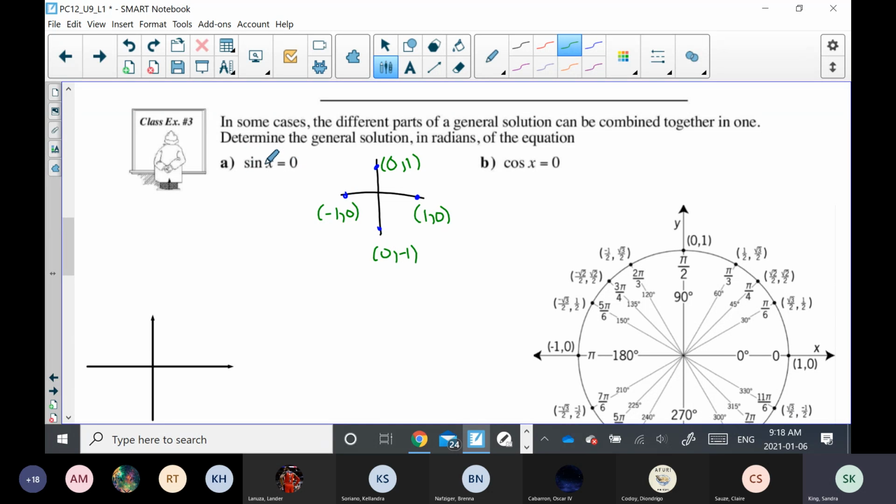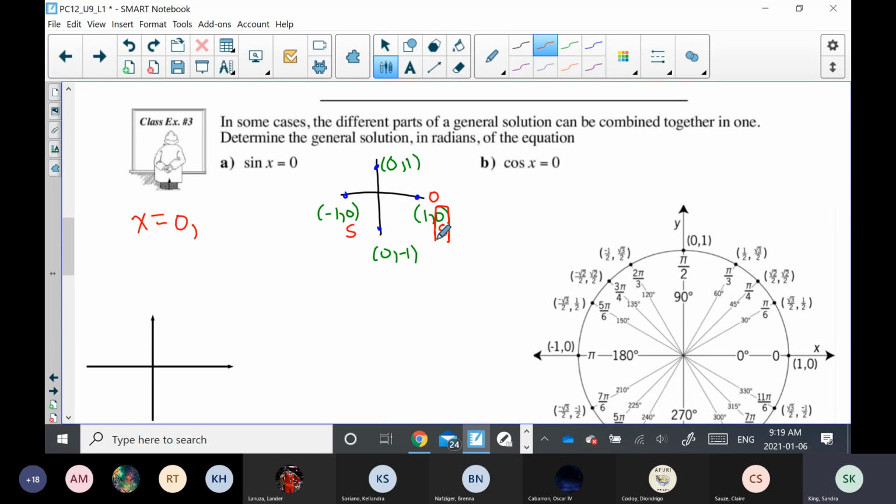Sine of x is equal to 0. Sine is our y values. We want the answer where sine is 0. So sine is 0 here, and sine is 0 here. What are those solutions? I know that it's 0. Over here, this is a solution.